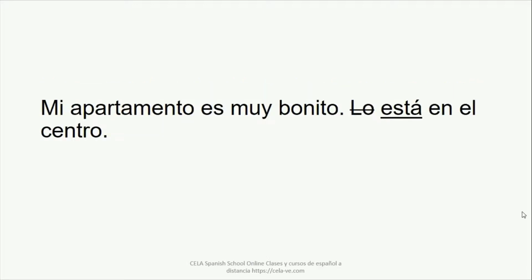Mi apartamento es bonito. My apartment is beautiful. The subject of the first sentence is mi apartamento. ¿Qué es muy bonito? Mi apartamento. Mi apartamento is the subject of the sentence. ¿Cómo es mi apartamento?